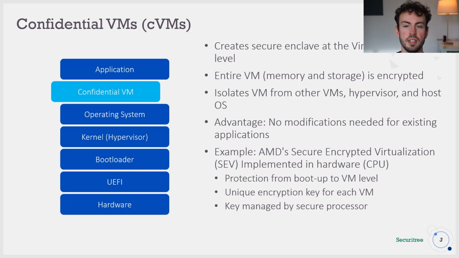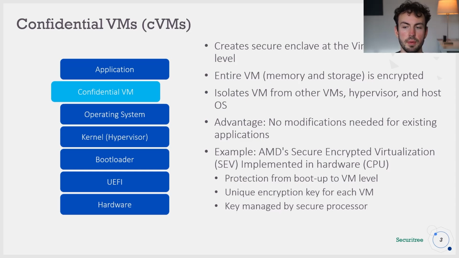One of the key advantages of CVMs is that they don't require modifications to the applications running inside them. This means you can often take existing applications and run them in CVMs without having to rewrite or restructure the code.